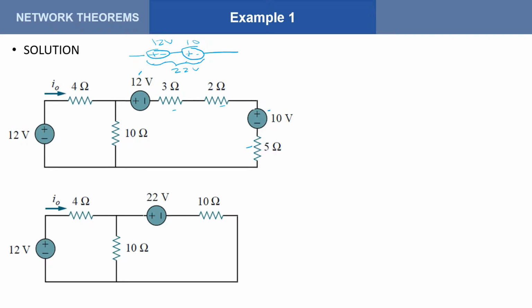Now we have a voltage source that is in series with a 10 ohm resistance. And that means that I can redraw the circuit into something like this. So this is my 12 volts. So I have your resistance.